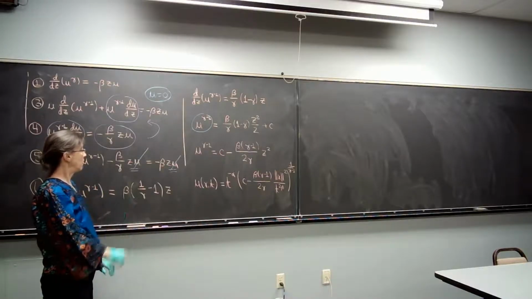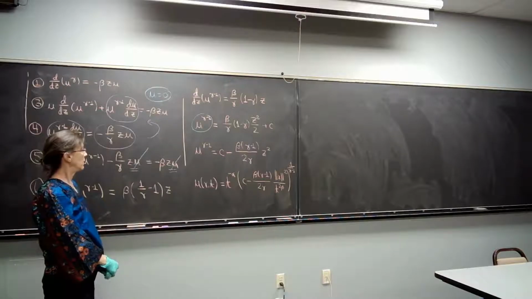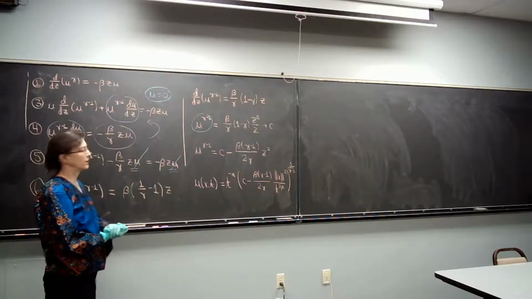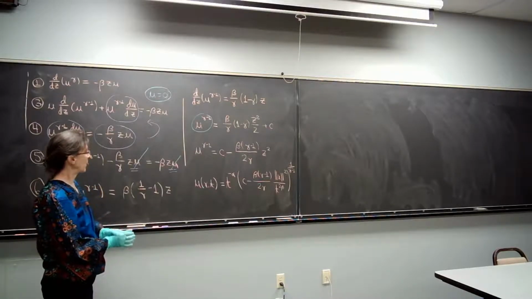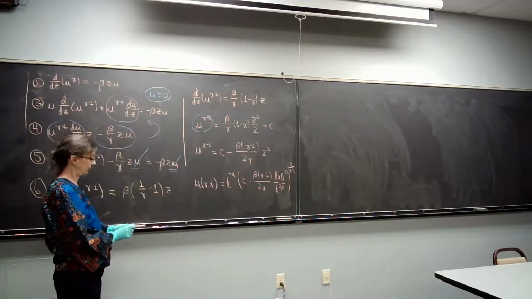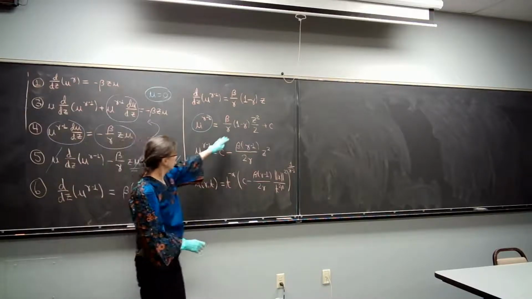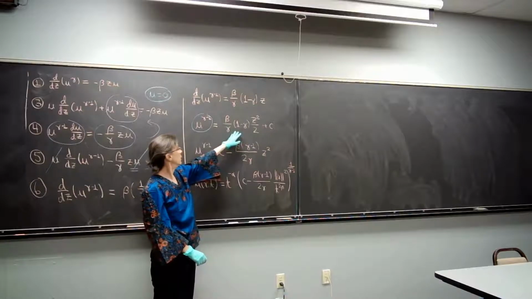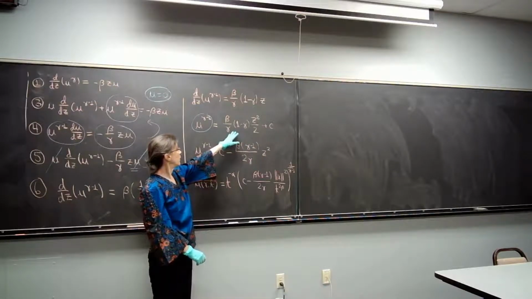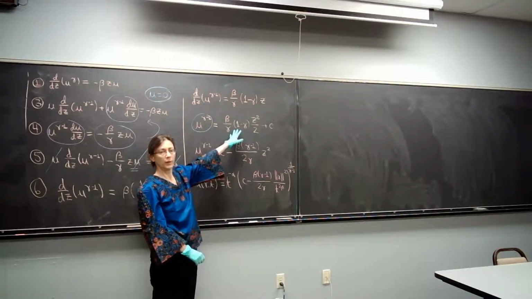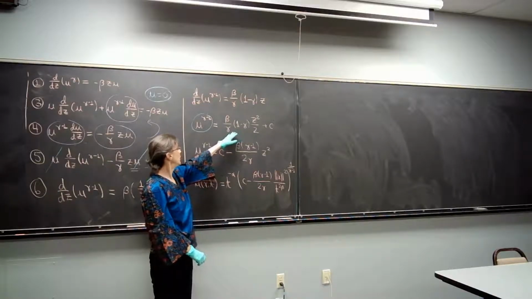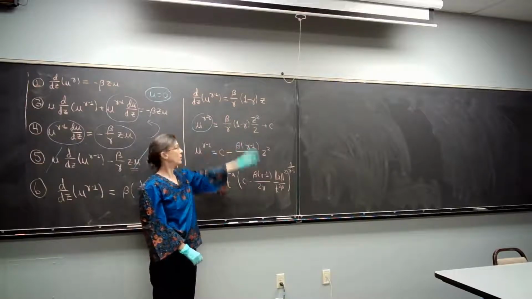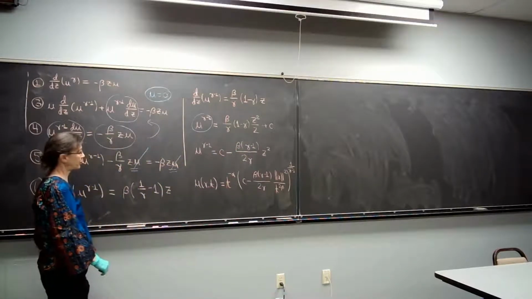Okay, so now, wait a minute, let's rewrite this. Gamma is bigger than 1. So before you start taking the root, be careful, because gamma is bigger than 1, and so this factor of 1 minus gamma is negative.